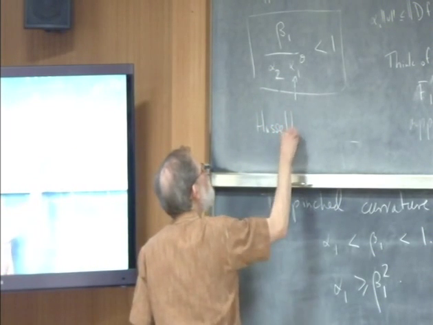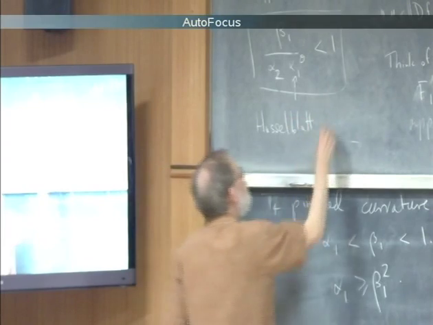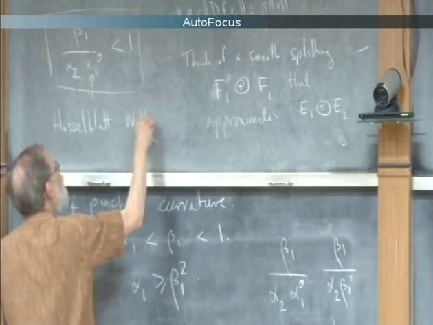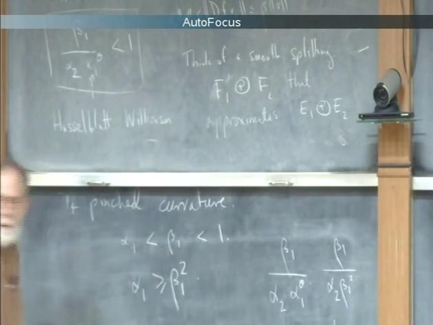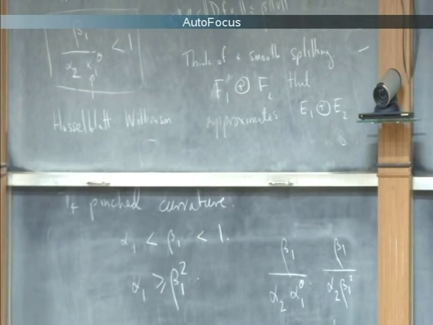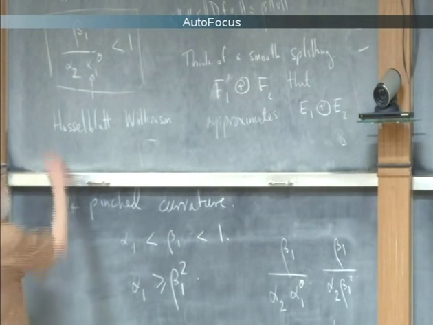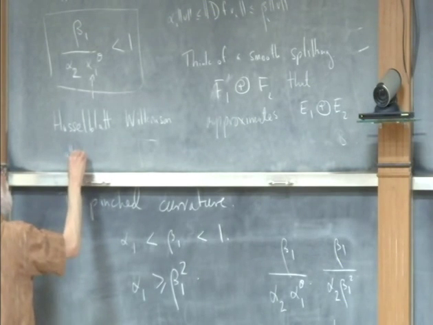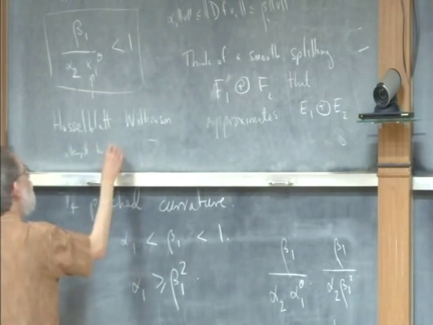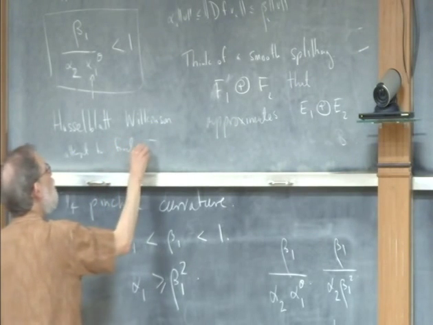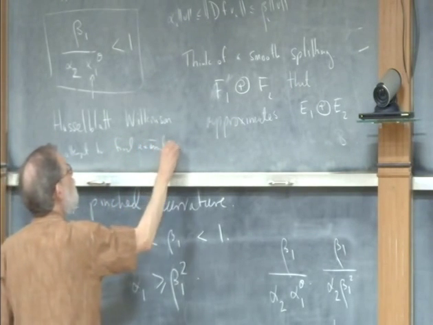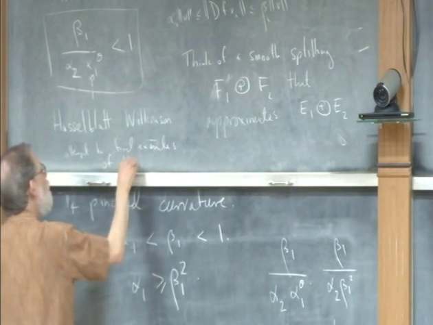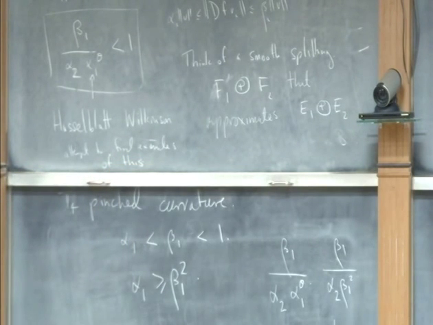And so I think there's a paper by Hasselblad, and I think Wilkinson. I think she was also involved in that, and they made an attempt to find examples of this. And they got into trouble.